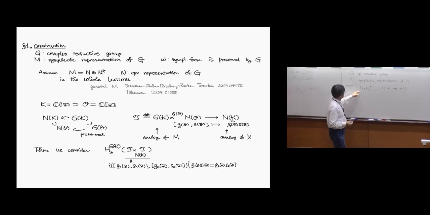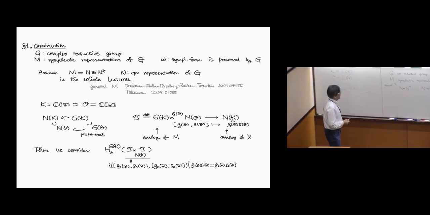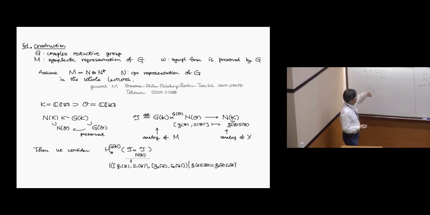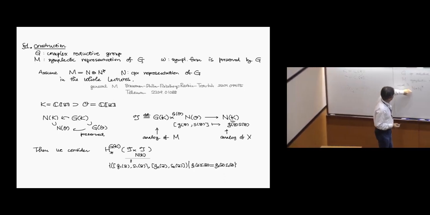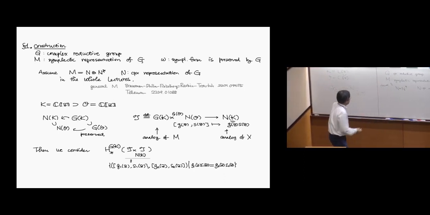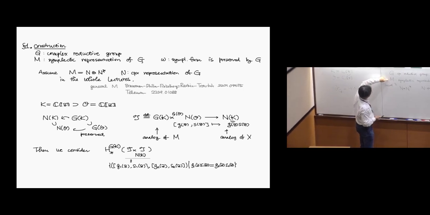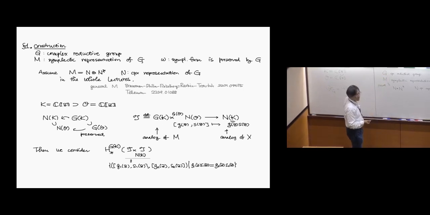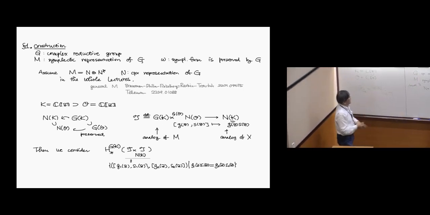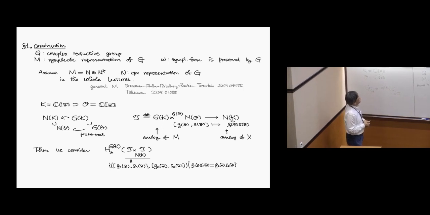And as the cotangent space to N, it has a natural symplectic form, and it is preserved by G. Because of this, I will often forget this symplectic representation M. But at several points, you will see this M plays some role.